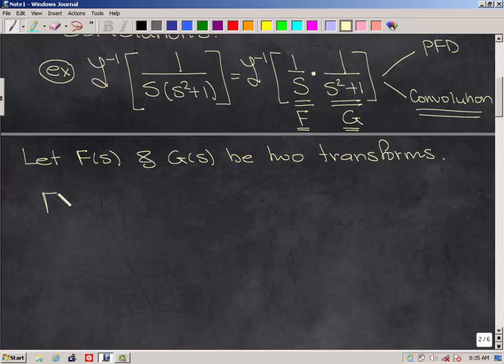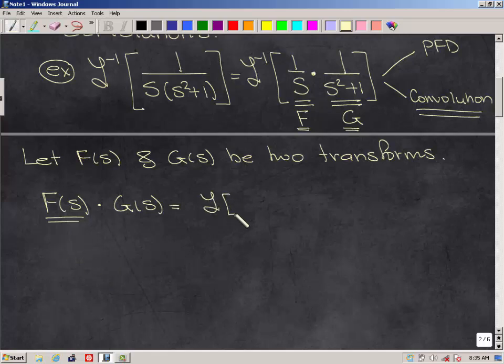Then big F of s times big G of s can be written as what? We know big F of s is the same as the Laplace of little f of t, correct? So we can write it that way.